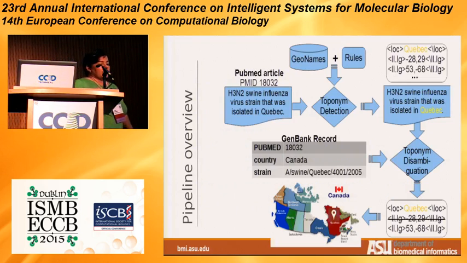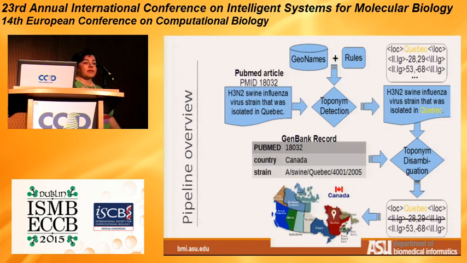A quick overview on the pipeline then that I've been mentioning. So given a PubMed article, we detect all the mentions of specific places by matching GeoNames, and actually we use an additional database when we did some error analysis and discovered that GeoNames was really good at the specific names, but not the common names of places.